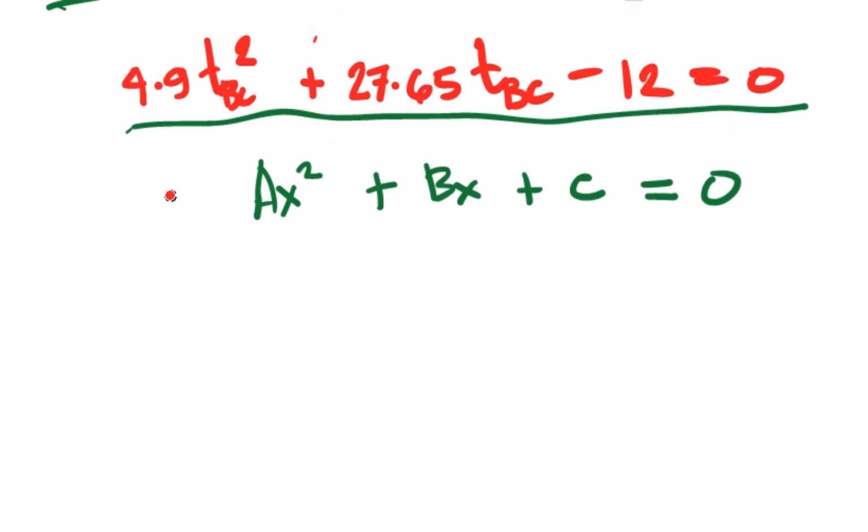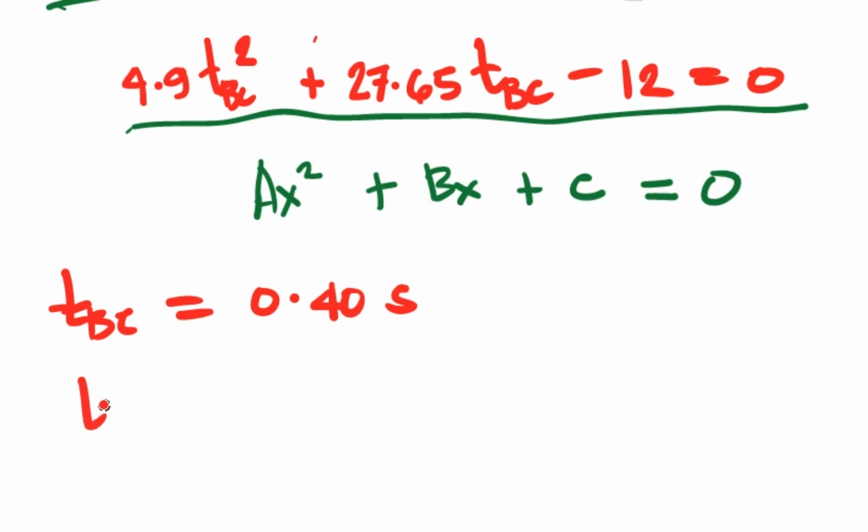The time will be the two values, the two roots. First is 0.40 seconds, and the other one will be negative 6.04 seconds.